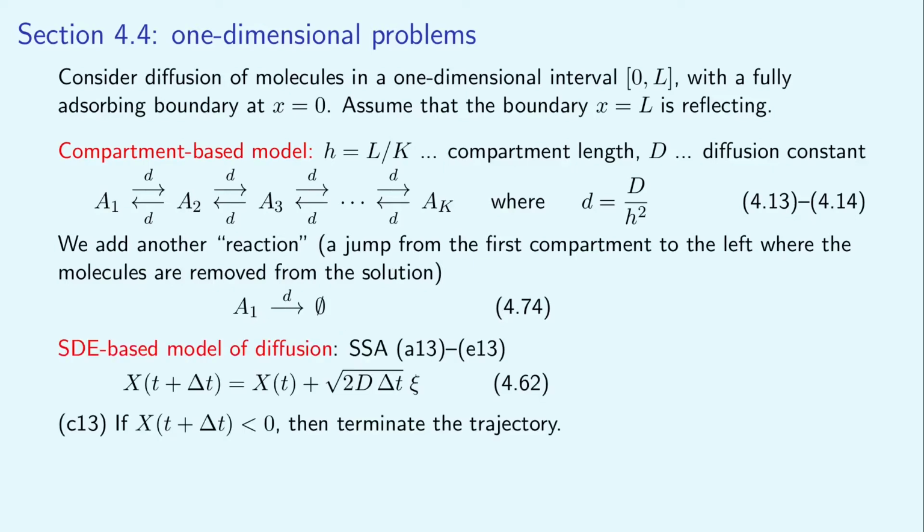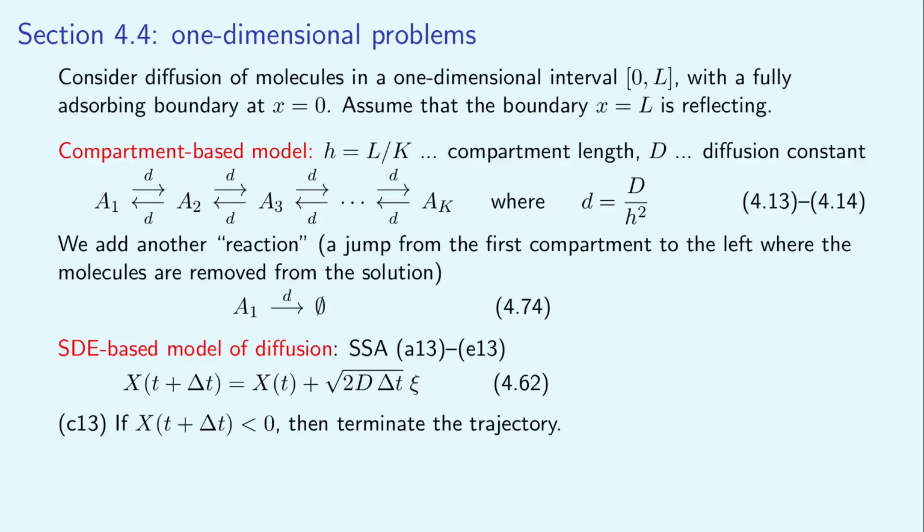Considering the SDE-based model of diffusion, we simulate individual molecules. In our illustrative one-dimensional example, the position of the diffusing particles evolves according to equation (4.62). The resulting stochastic simulation algorithm is given as the SSA A1-3E1-3 in the lecture notes on page 123.